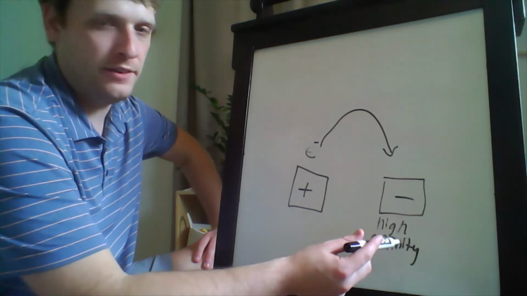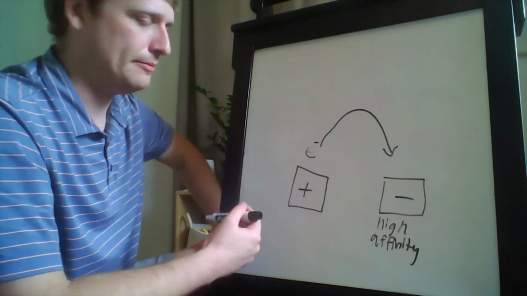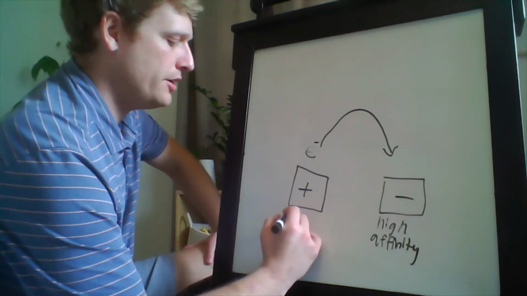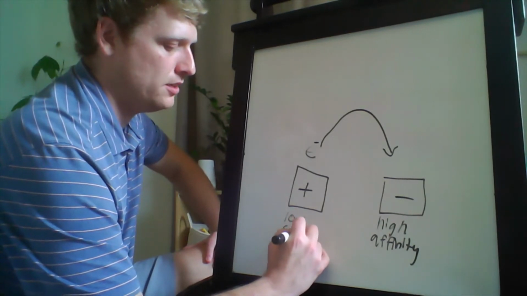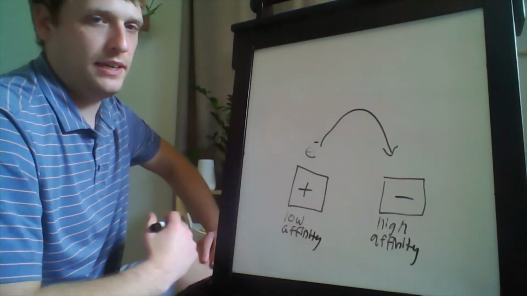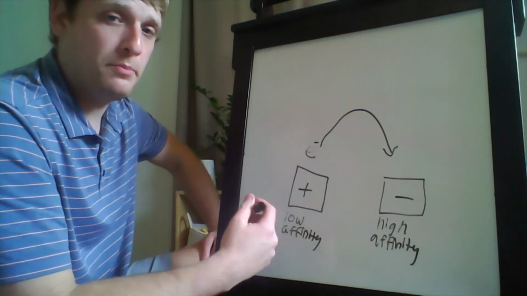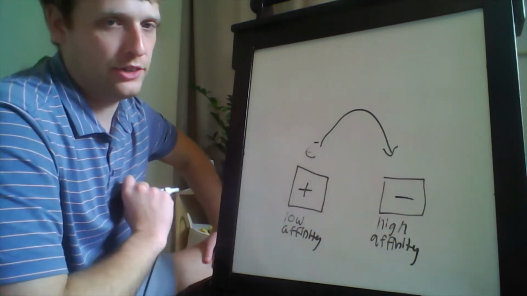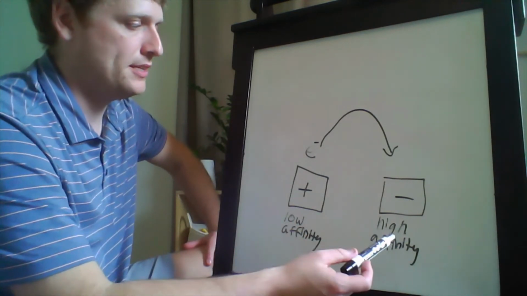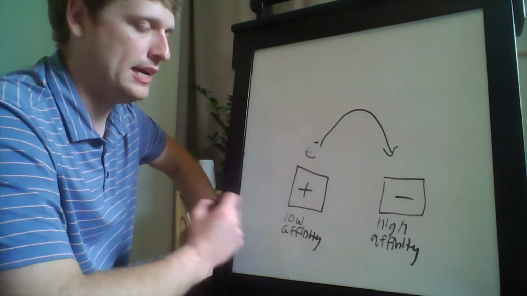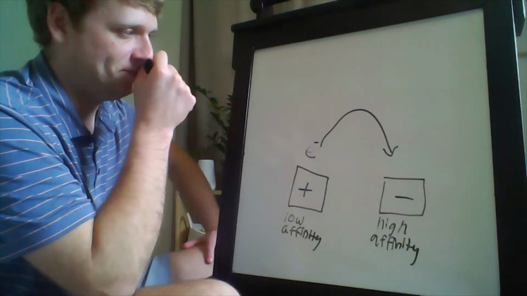Something that has a high affinity for electrons is going to be likely to attract electrons. Now you have this substance that has a low affinity for electrons, meaning it's going to be less likely to attract electrons, and it's going to be more likely to lose electrons. So that's exactly what's going on in a battery. You have one substance that has a high affinity, one that has a low affinity. Electrons bounce from one place to the other.